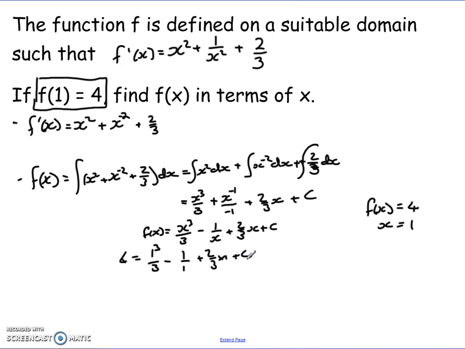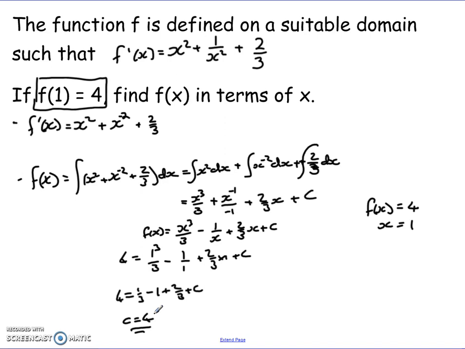Simplify it, solve it, you get your value for c. 4 equals, well, 1 cubed over 3 gives you a third, take away 1, plus 2/3, plus c. So 1/3 plus 2/3 is 1, take away 1, that's nothing. C equals 4. And again, great, we've got the value for c.